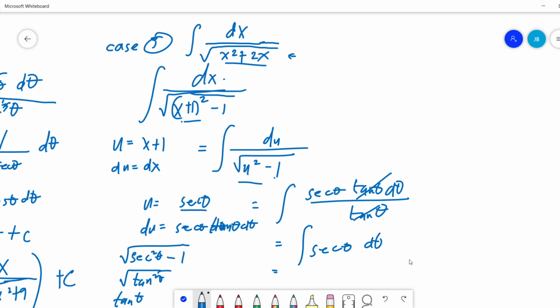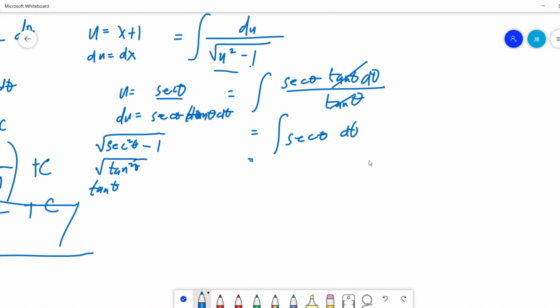And what is the integral of secant theta? That is ln of sec theta plus tan theta plus c. Okay, so this is not yet our final answer, because it is in terms of theta. But we have given here sec theta is u over 1.